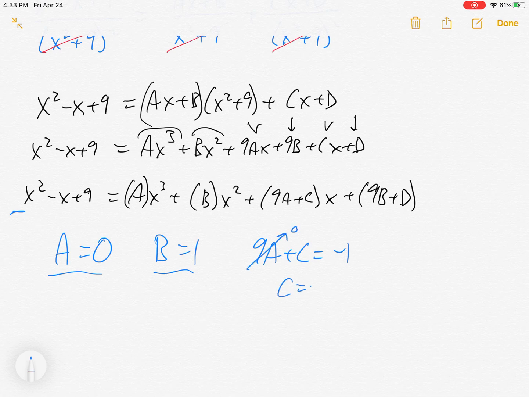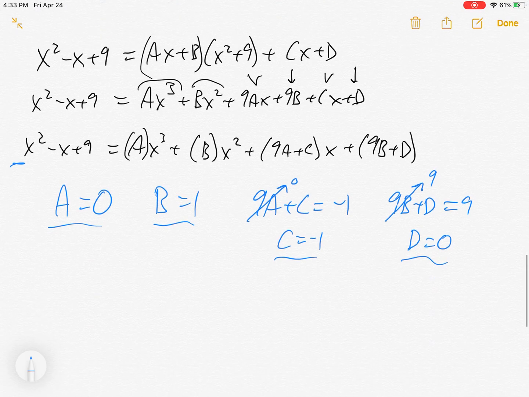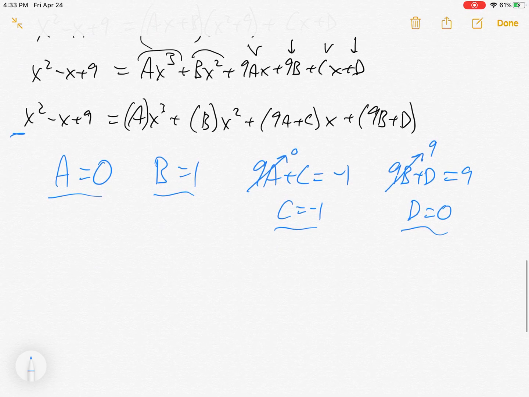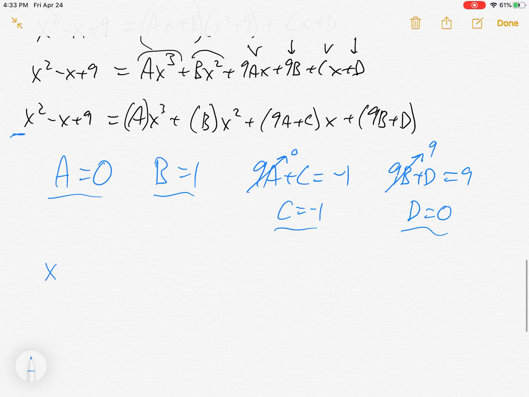So right away, what's a? There's no cubic term, so a is 0. B is 1, right? Matches up with that. 9a plus c is -1, but didn't we say a was 0? So c is -1. And then 9b plus d is 9, and we've already established that b is 1, so d is 0. Yes, that looks right.